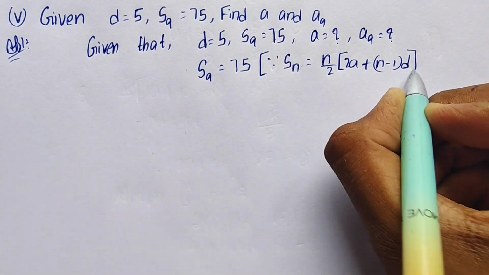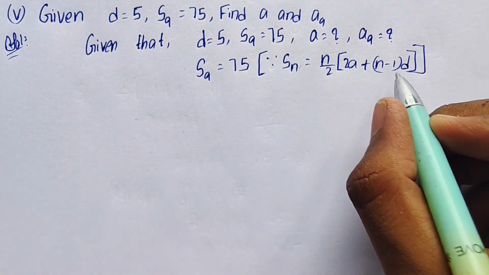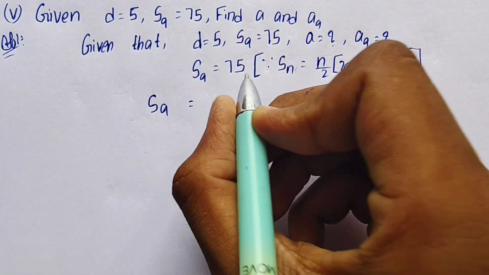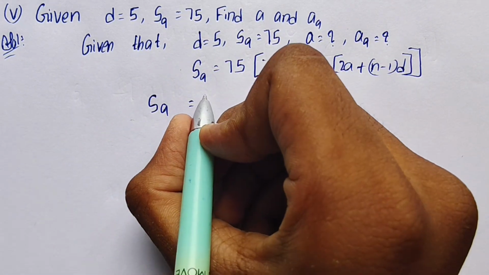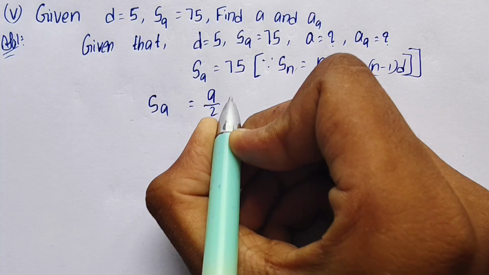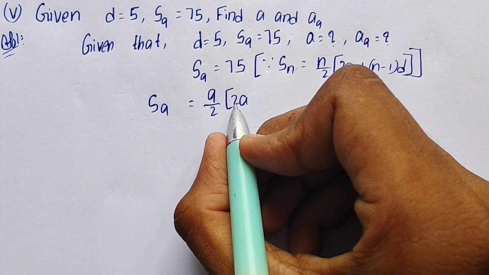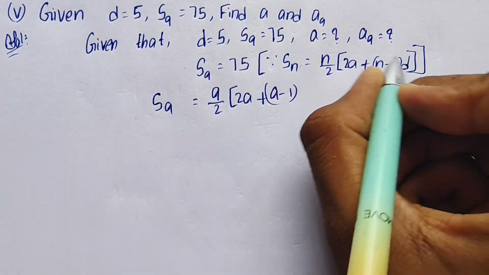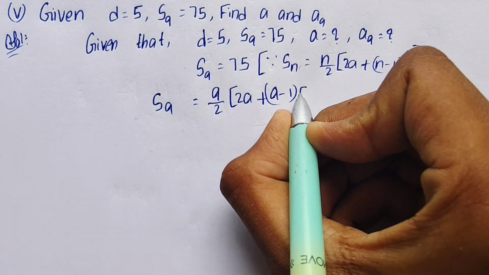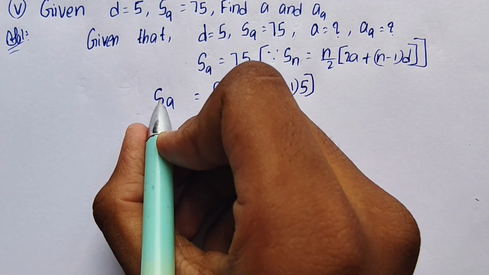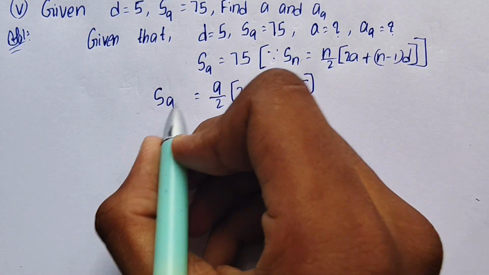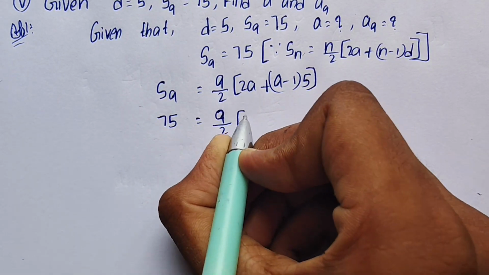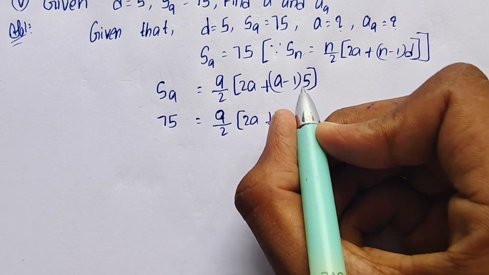Now S base 9, where the value of n is 9, is 9 by 2 into 2a plus 9 minus 1 into the value of d, which is 5. He already gave the sum of 9 terms, that is 75.